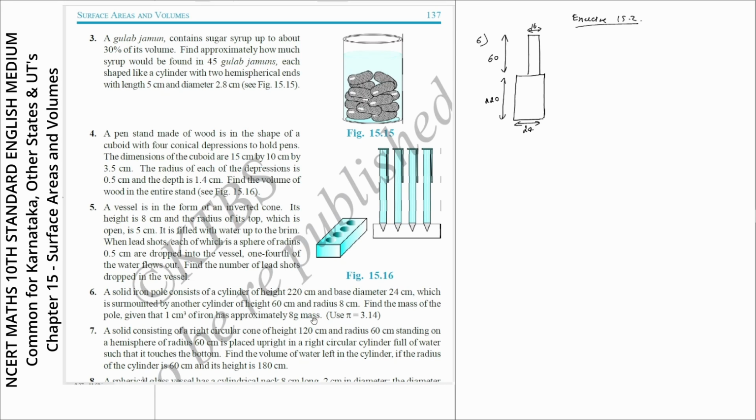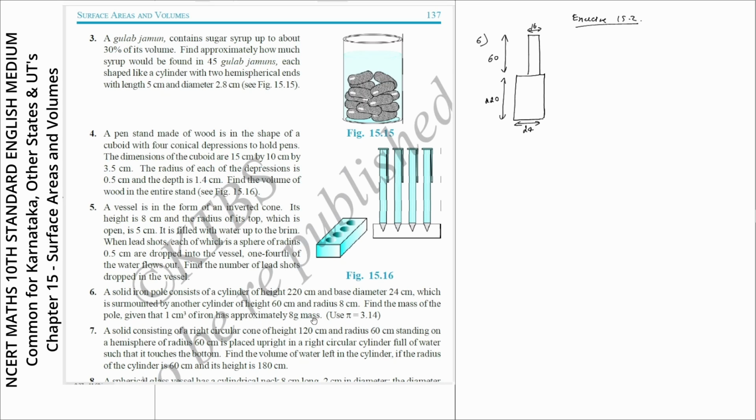So the figure is like this. There are two cylinders. The first cylinder, the one which is in the base, has height 220 cm and diameter 24, and the top cylinder has height 60 centimeter and diameter 16. Given the radius of the top cylinder is 8 centimeter, therefore diameter is 16.